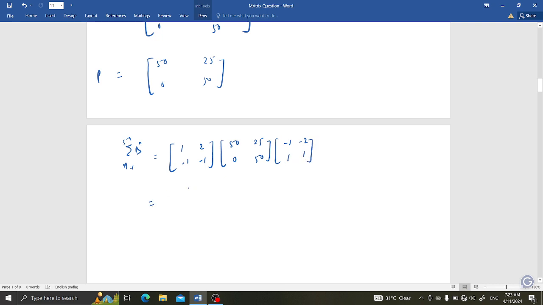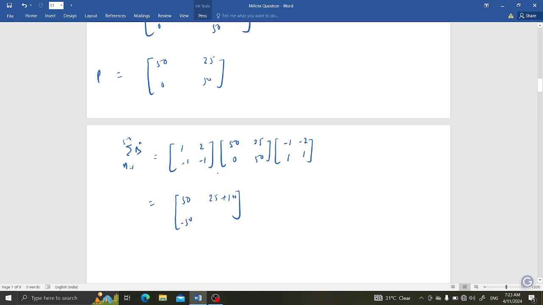Now we can multiply simply. After multiplying, what we get here? Row into column. I will apply distributive law here. So row into column, what we get? 50 here. Row into column, what we get? 25 plus 100.